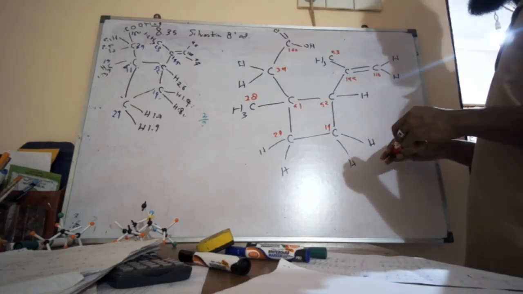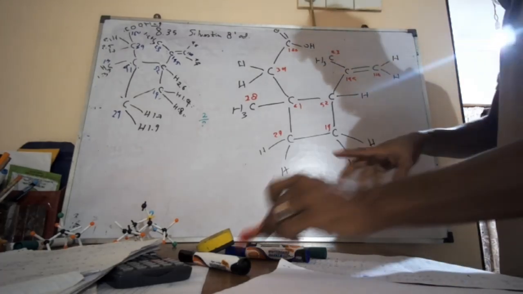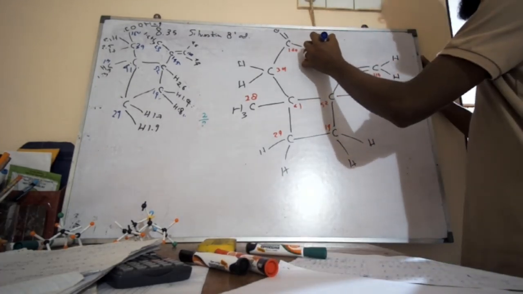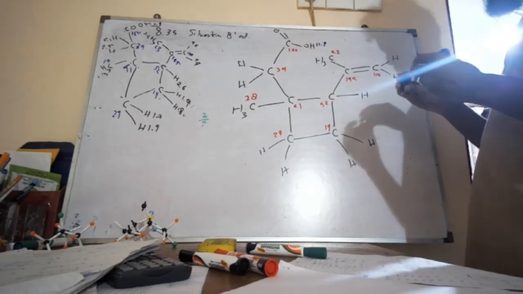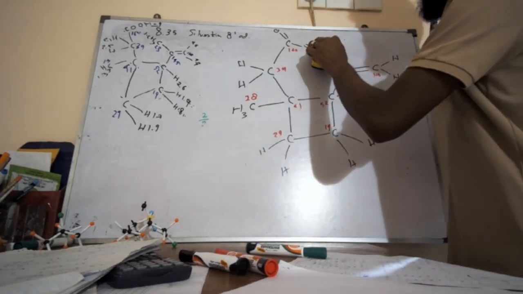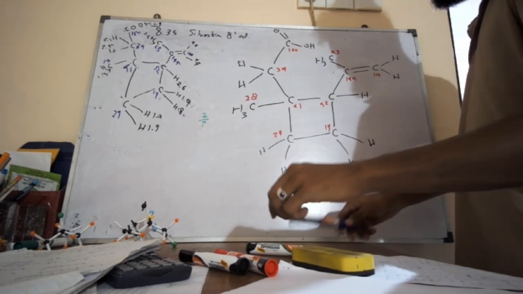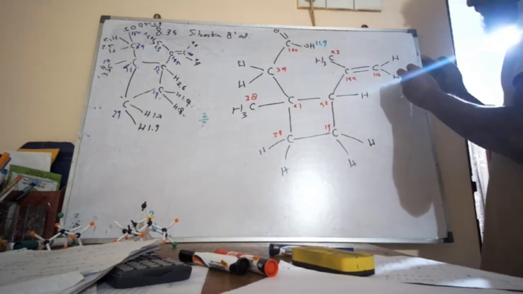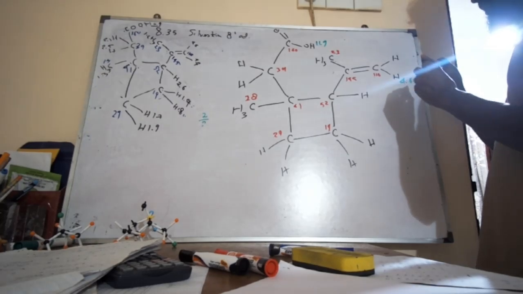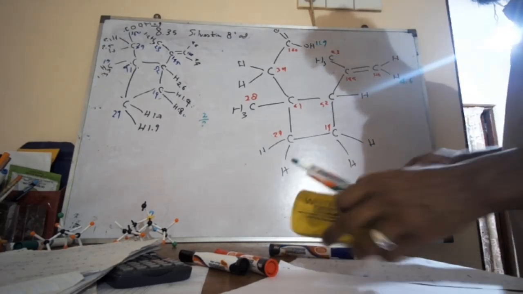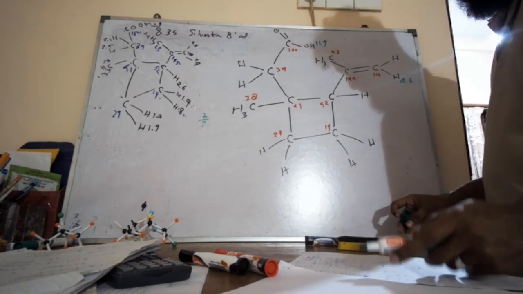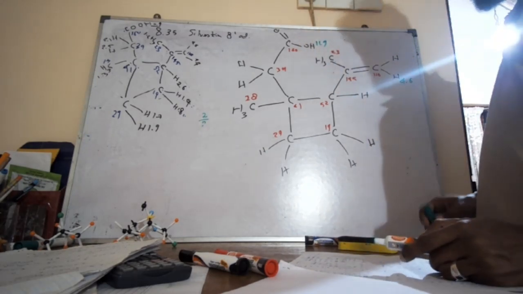So, all right. We'll mark the protons. The 11.9 proton is this one. I will mark it in green because it's a very distinct color. 11.9. This one is 4.6 and 4.9. Okay, so there's a question on what is 4.6 and what is 4.9. 4.9 is a doublet, right?